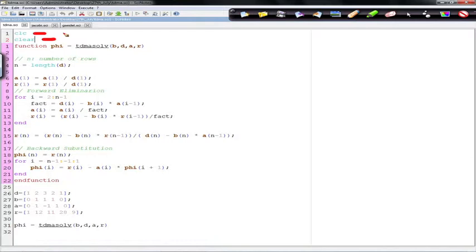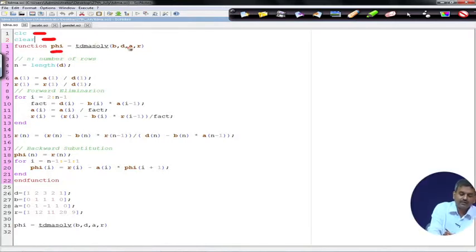Then the function required is phi, we need to supply B, D, A and R. This is TDMA solve. Now, n is the number of rows, n equals the length of D, D is the diagonal that we are transferring. Now, directly we are writing A 1 equals A 1 divided by D 1, R 1 equals R 1 divided by D 1.